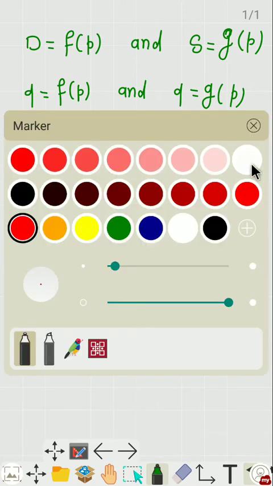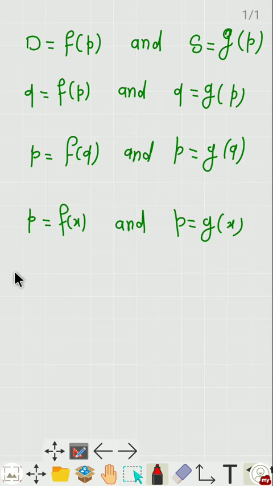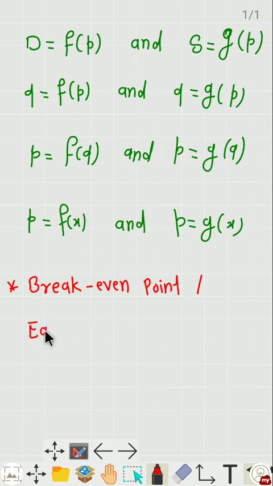So the next point is the break-even point, also known as the equilibrium point.